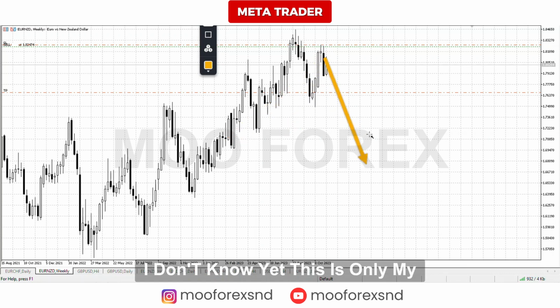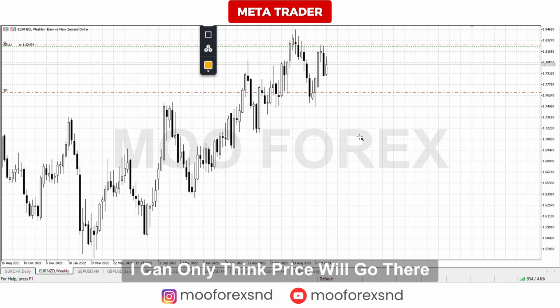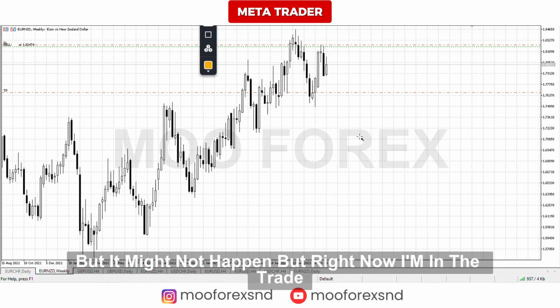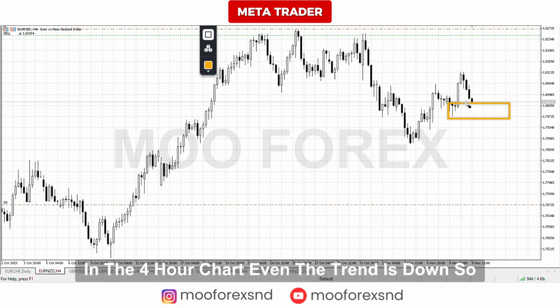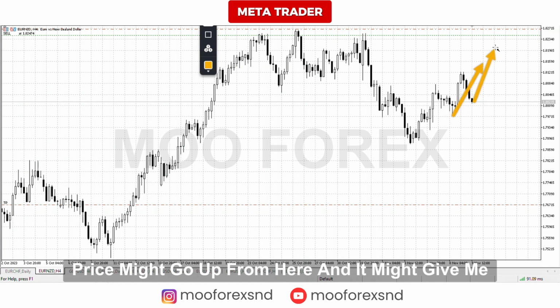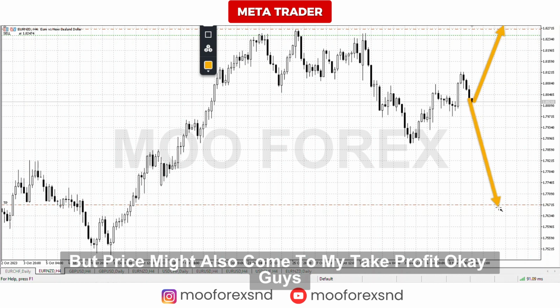I don't know yet, trading is a game of probability. I can only think price will go there, but it might not happen. Right now I'm in the trade. I can see an order block here in the 4 hours chart, even though the trend is down, so price might go up from here and give me a losing trade. I don't know, but price might also come to my take profit.